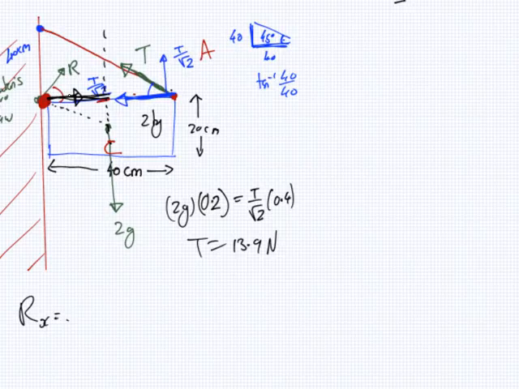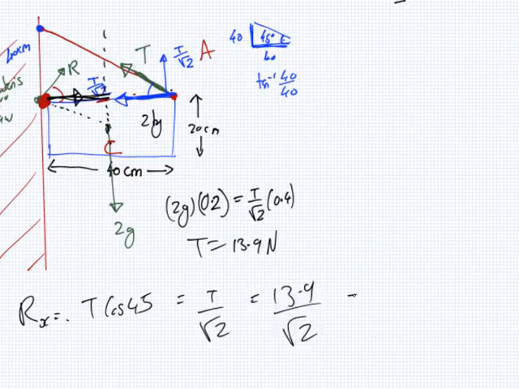In this picture, there's only one force to the right, R X. And there's only one force to the left, T cos 45. So that's equal to T over root 2, which equals 13.9 over root 2, which is 9.8.